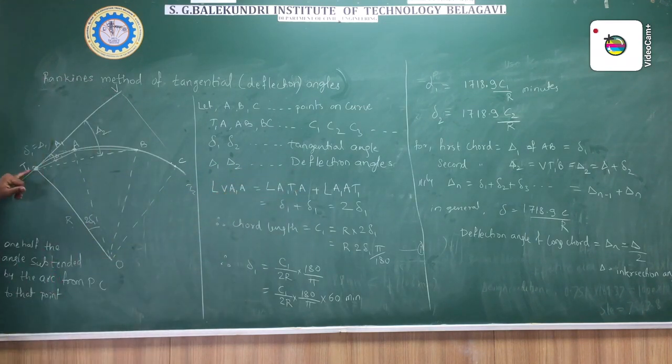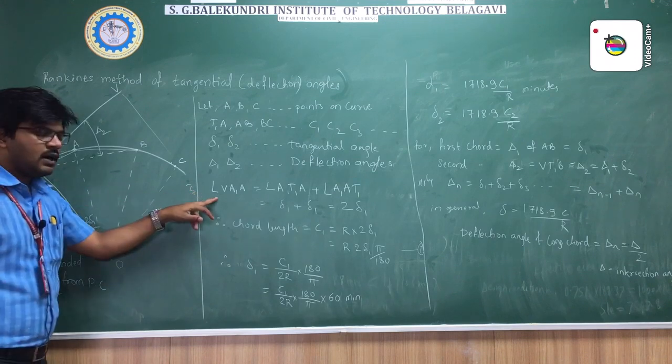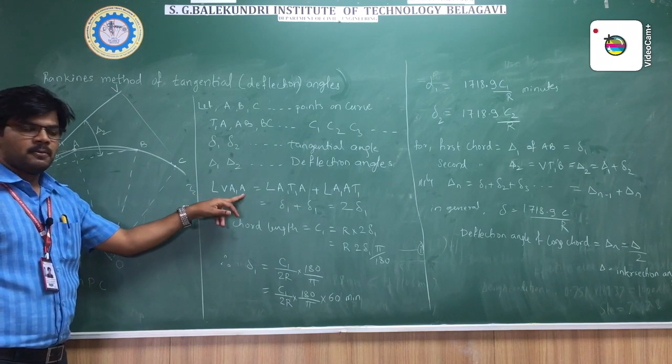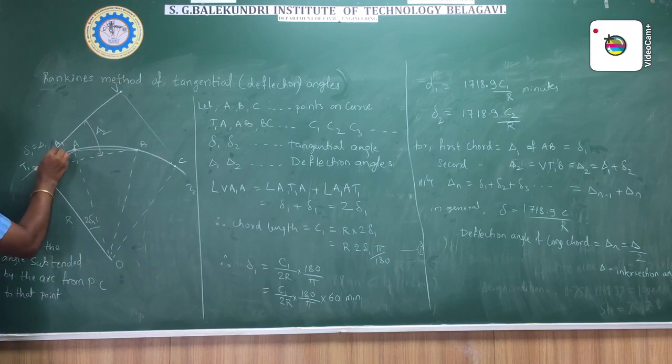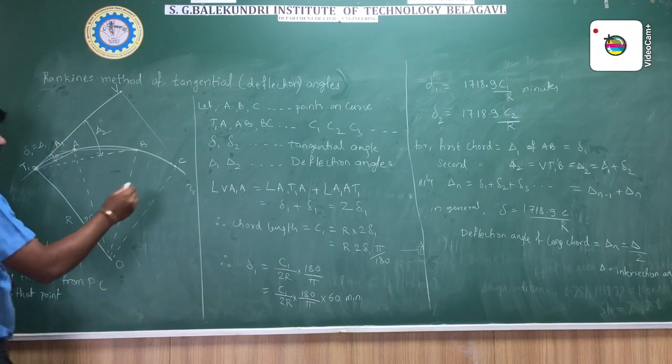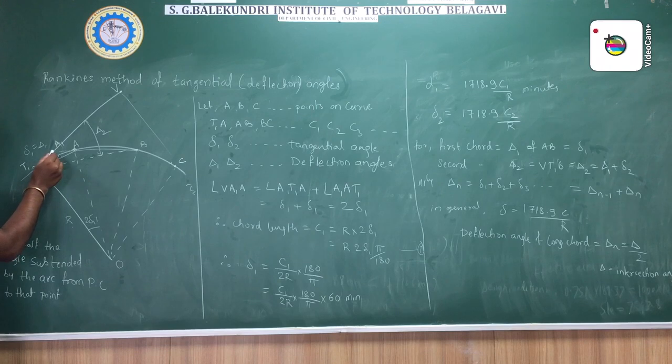For example, how can you write angle VA1A? This angle can be written as angle A1T1A plus angle A1AT1. It means the deflection angle will be equal to the sum of the tangential angles.